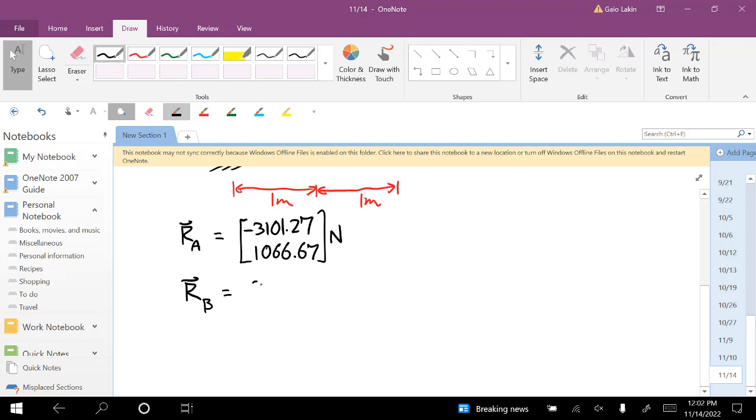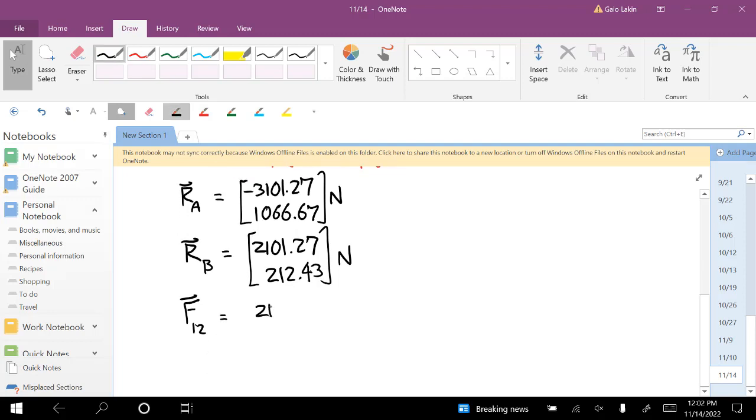RB was 2101.27, and then for Y, 212.43. And F12 was 2101.27, negative 1376.17. Okay, so from that you can get the external loads on everything.